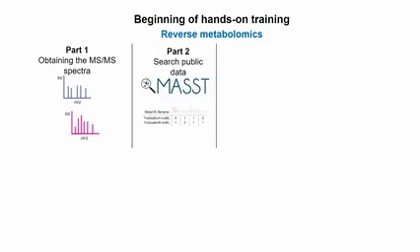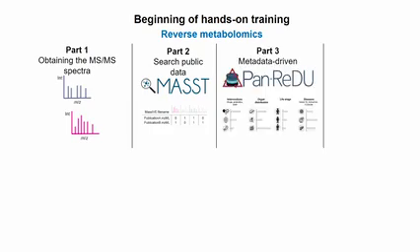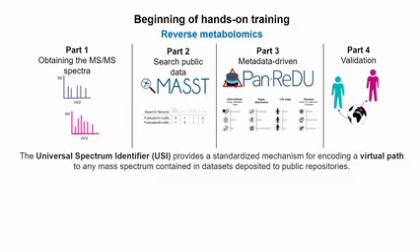In the second part, we source the MASST, that is, we search in the public data. Then we match with the metadata, and of course the fourth part is validation, which we are not going to cover here. So today we will be discussing parts 1, 2, and 3, which is more of a hypothesis-driven approach.